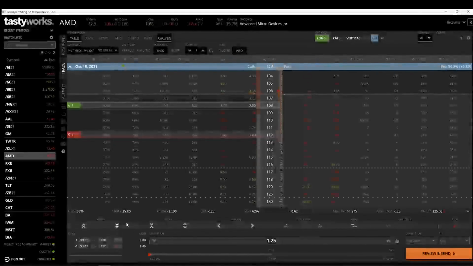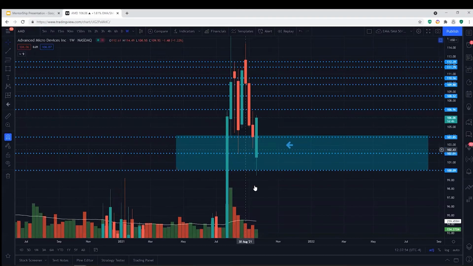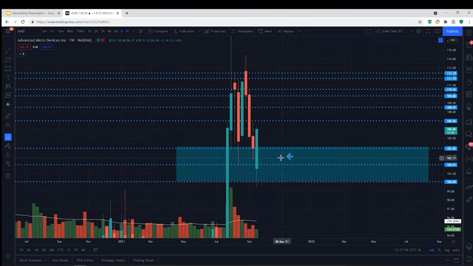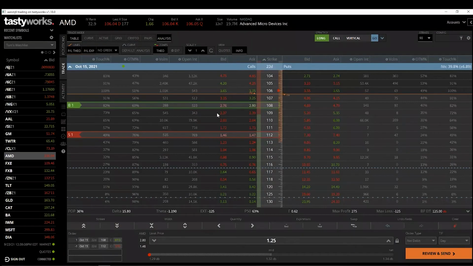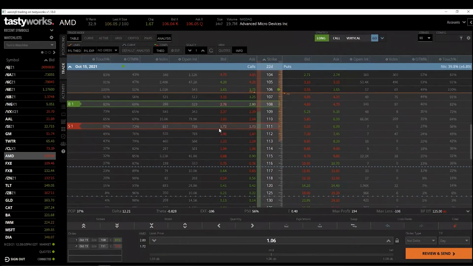Okay, so for this specific example, I am bullish on AMD, truthfully. So let's just say if I was to actually look at this one, let me see how it would look. Something kind of like this would be one of the safest trades.